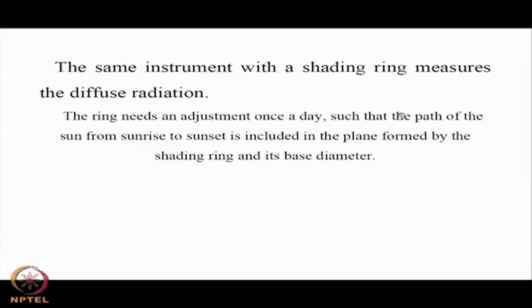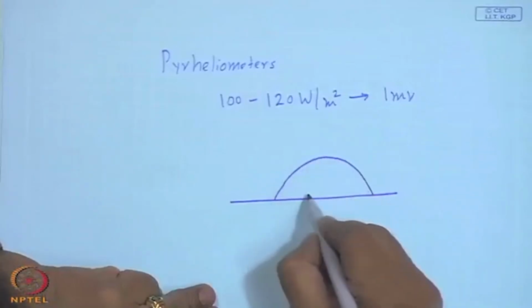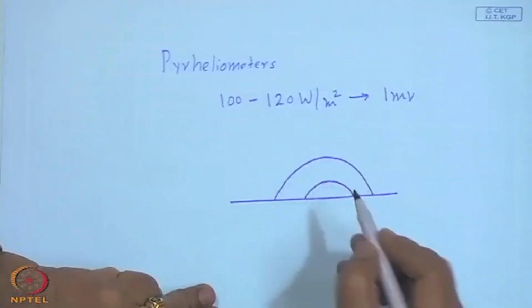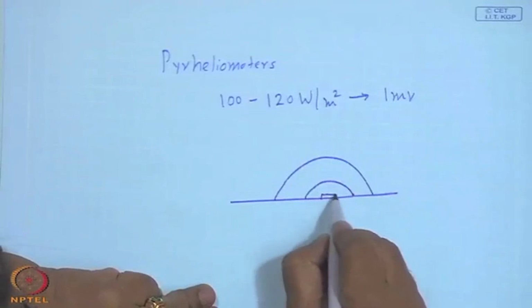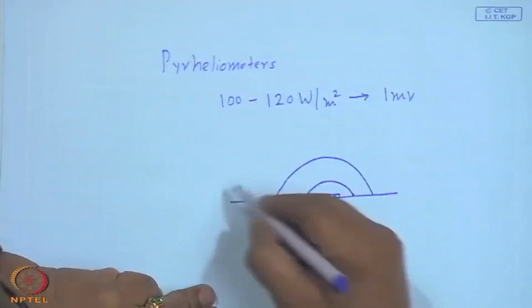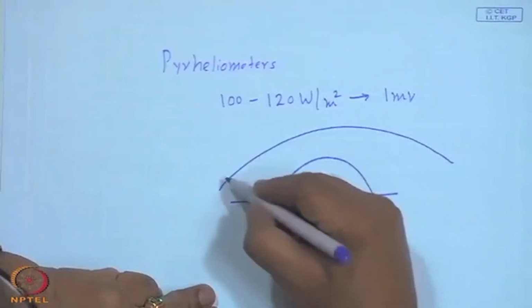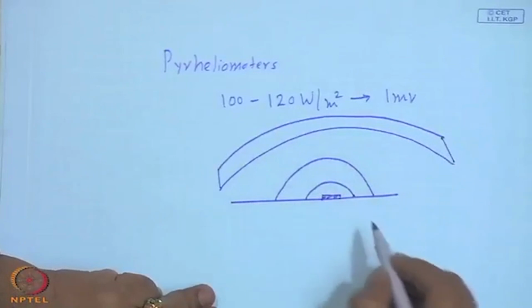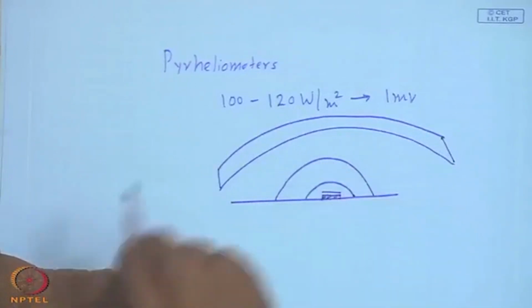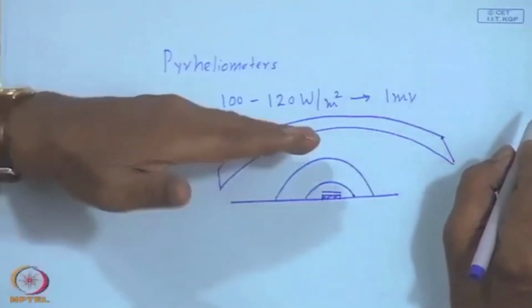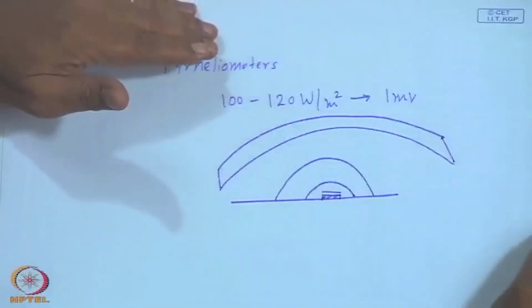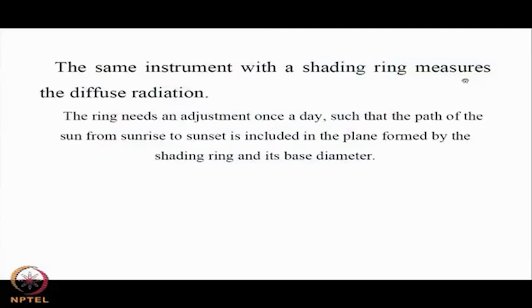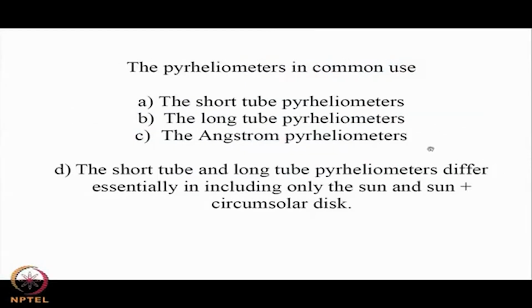And the same instrument, if I categorically show before I show the actual instrument, this is a hermetically sealed double bowl pyranometer with the sensor being at the middle, and there is a shading ring of certain radius which is calculated as per the requirement, will make this shaded by blocking the direct radiation. The shading ring to its base diameter has a certain ratio pre-calculated, which will just shadow the particular sensor.